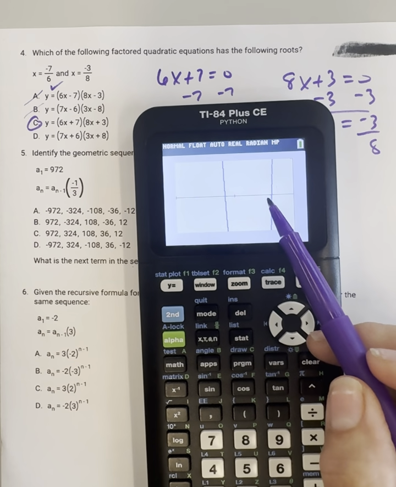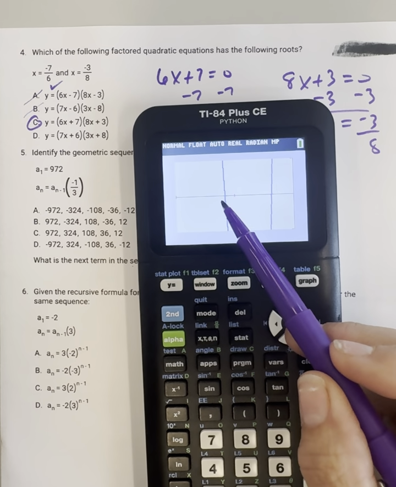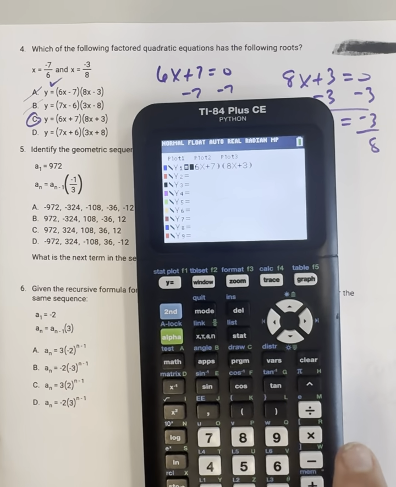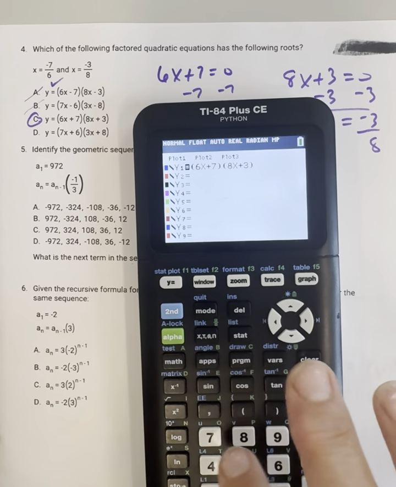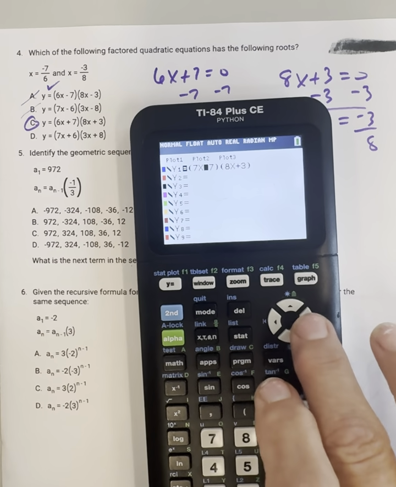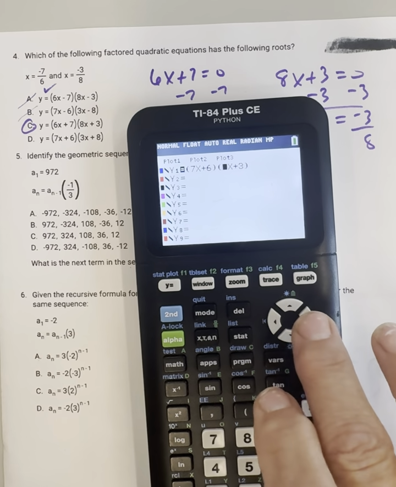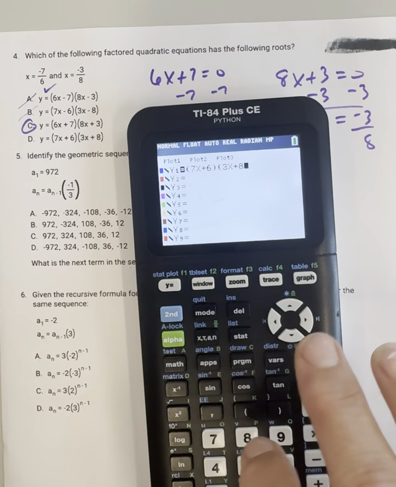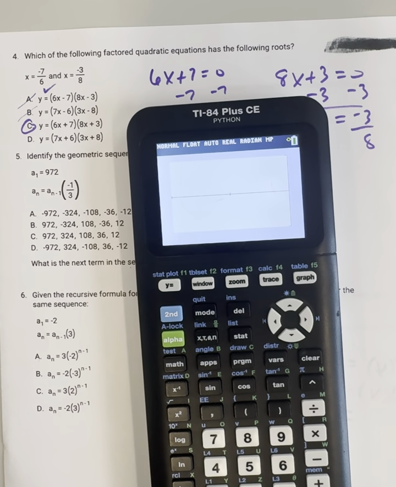Okay, so I am about halfway and at a little bit past 1. So the other one, it was 7x plus 6 and 3x plus 8, graph. And I am closer to 1 and the other answer is not even there.